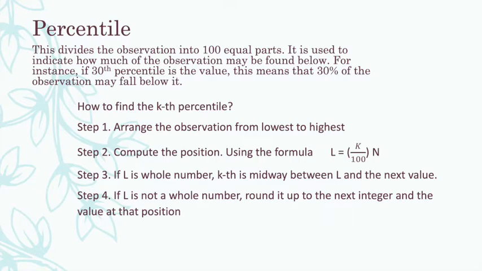You don't round to the nearest whole number; you round up to the next integer. Let's say the answer is 4.35, so it's not 4, it's 5. Let's say 6.77, you round it up to the next integer, which is 7. Let's say 6.02, you round it up to the next integer, which is 7.